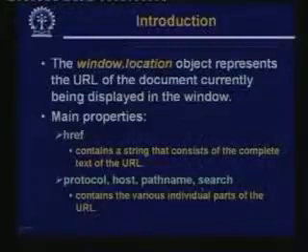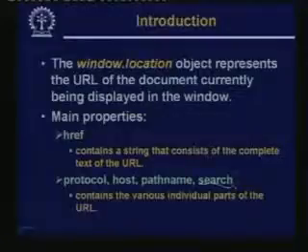And lastly, there is a search option you can specify here. If you are using the GET method of submitting the URL, you can give a question mark followed by some keywords or some data which will be passed to the web server. So, the search attribute will be containing the data that will be following that question mark, right.